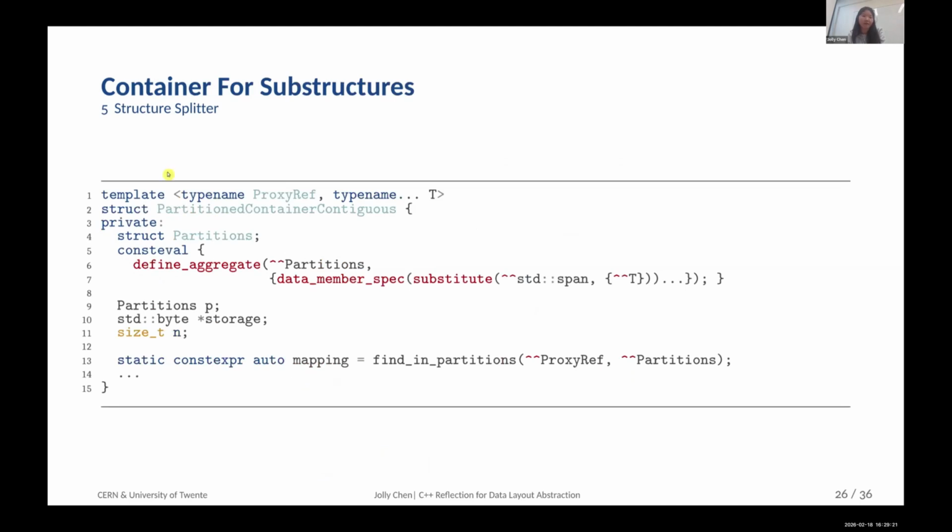And then for the partition container, we can define aggregate again, the declaration that contains the factorized version of the different substructures. And an important thing here is that we need to create a mapping to remember how the data members in the partitioned structure map back into the original structure.